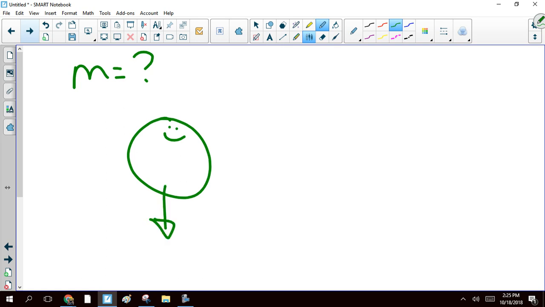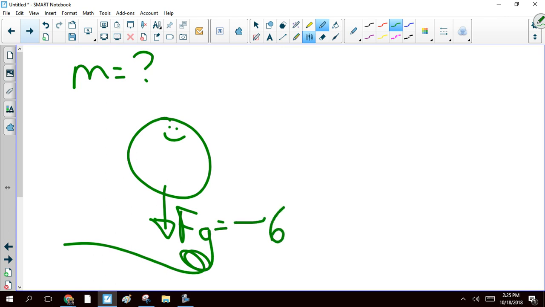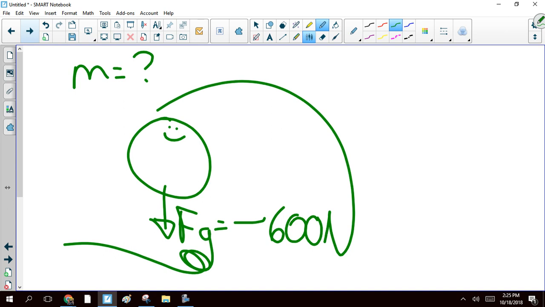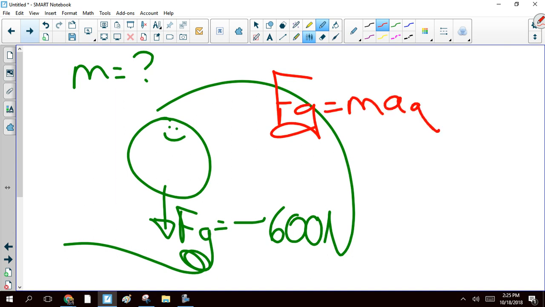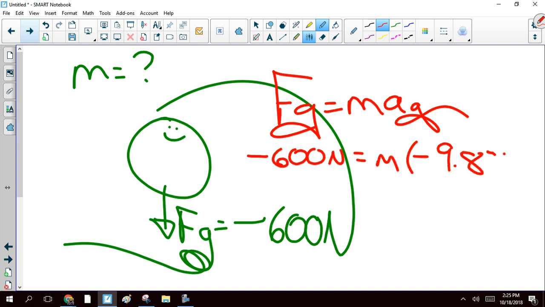But remember, that force of gravity pulls the student down with a force of 600 newtons. So when you calculate mass, it's negative 600 newtons equals mass times negative 9.8 meters per second squared.